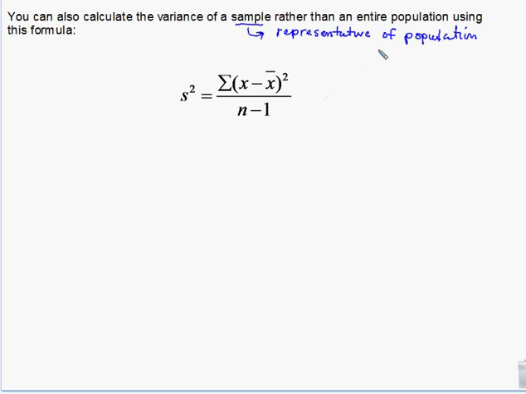However, it is not 100% accurate. No matter how careful you are in your sample selection, you're never going to get the same results as if you were able to do a statistical analysis on the entire population. And so because of that, the differences are subtle. This S stands for variance of a sample.